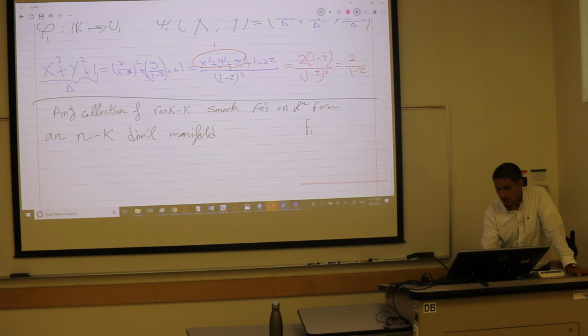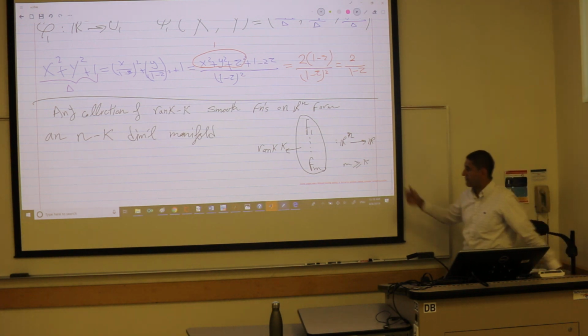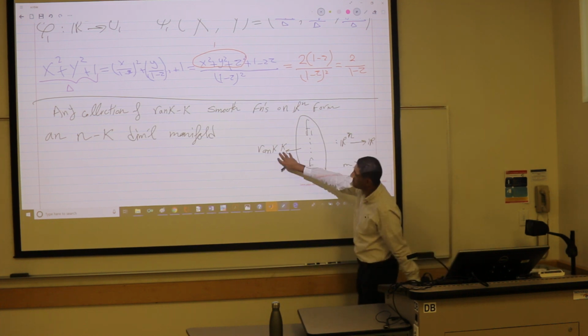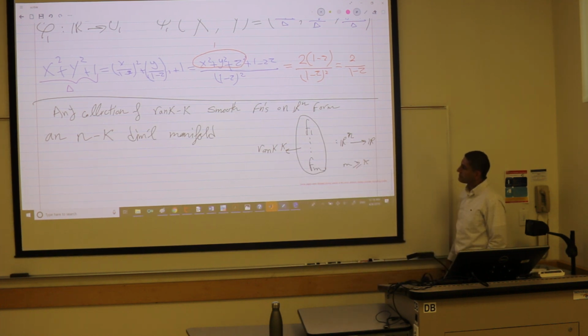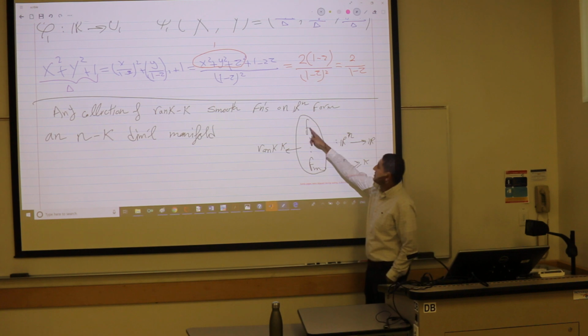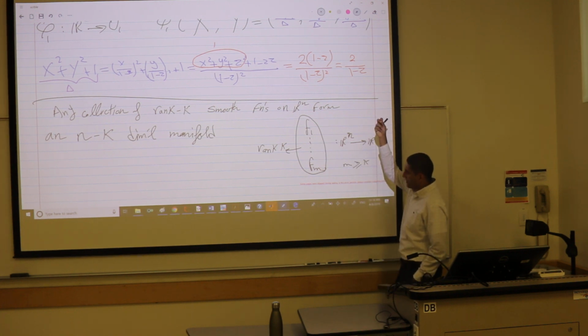So you have a collection of functions f1 up to fm. Every one of them takes a point in Rn and gives you just a real number. Okay. These guys, if they are rank k, so if they are full rank, m will equal k. So m in general is greater than or equal to k. If they are full rank, then you will have k functions, rank k. Each one just maps Rn into R, gives you a value.